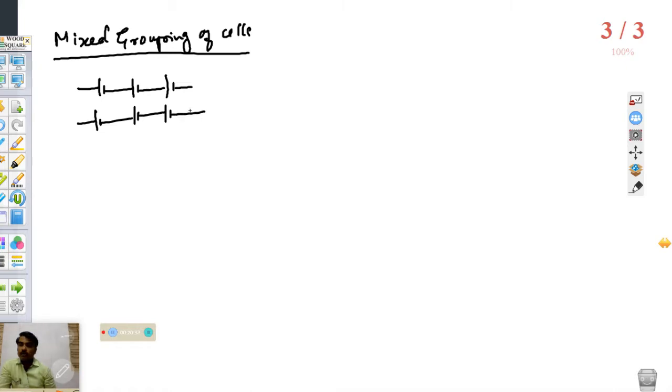Mixed grouping of cells. Mixed grouping in the sense it contains series as well as parallel combination. For example, here I will mention first cell, second cell, third cell. Okay, so like this, and even again first cell, second cell, third cell.